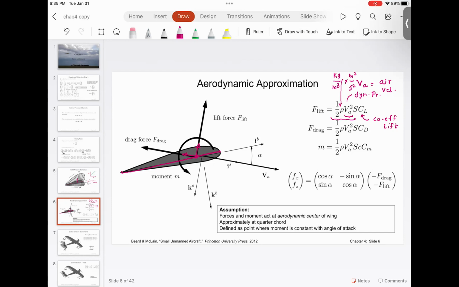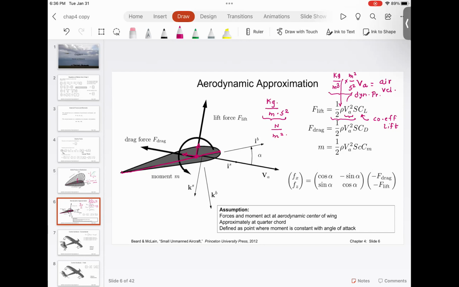Once I multiply this, I get kg divided by meter second square, and this is the unit of pressure, which is Newton per meter square.